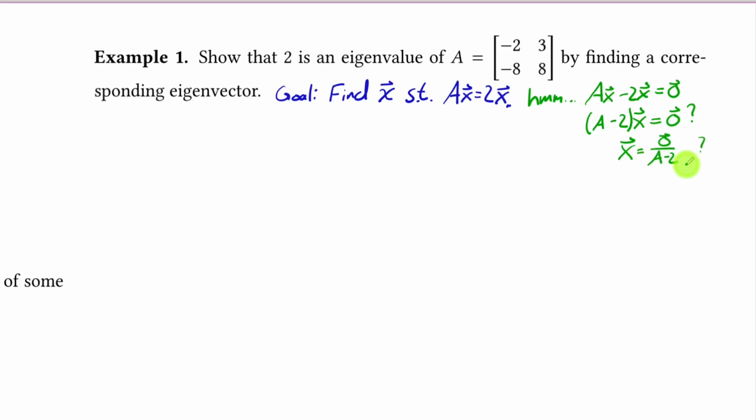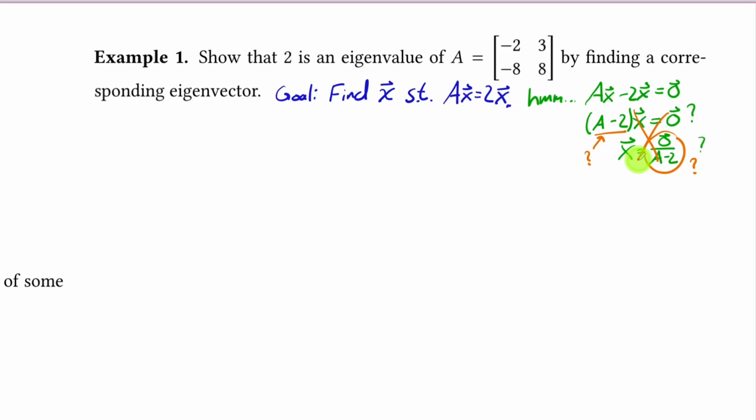This looks reasonable, but a lot of these things are undefined. For example, A minus 2 is not a thing. That doesn't exist. Also, whatever that is, dividing a vector by something, what's going on here?